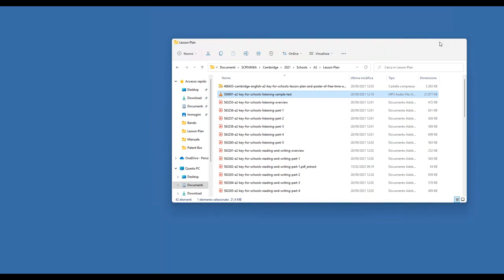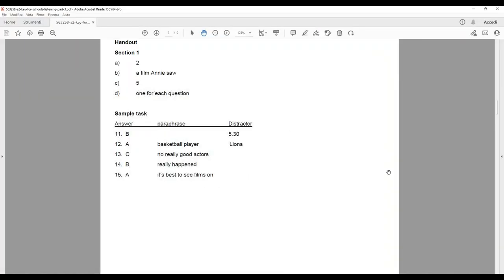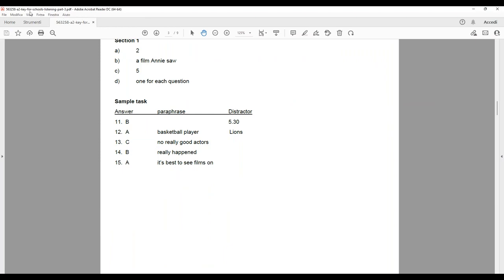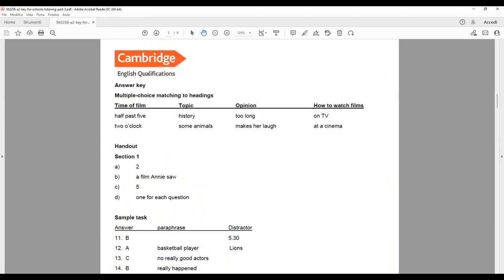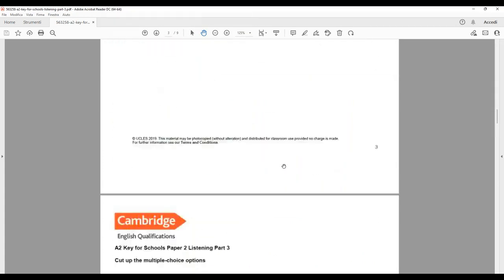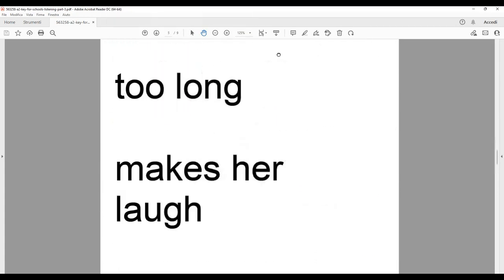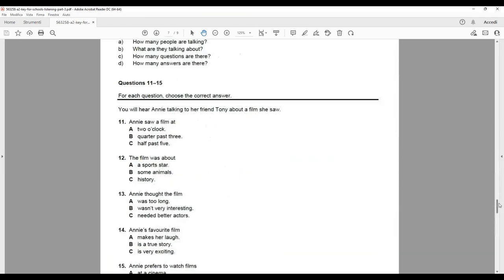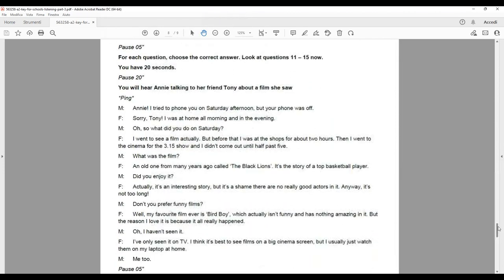So before I can play the audio, let's take a look again at the listening part 3 exercise and find the script part, which should be helpful in understanding the conversation.